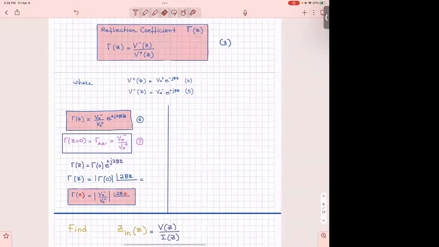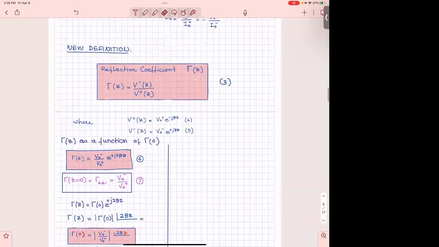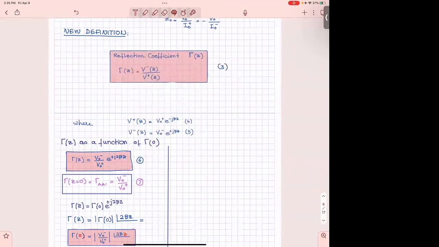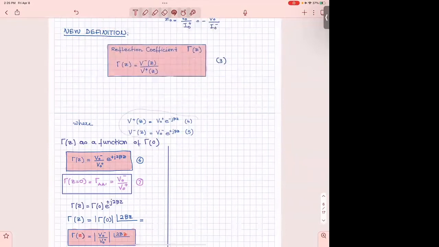I'm going to write gamma at z as a function of gamma at 0.